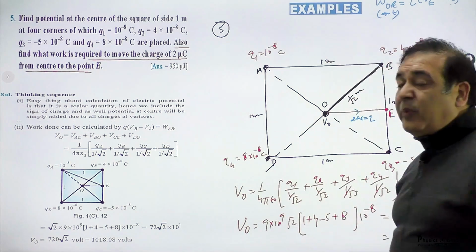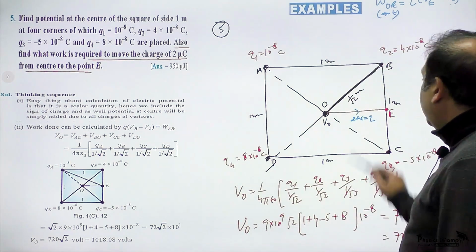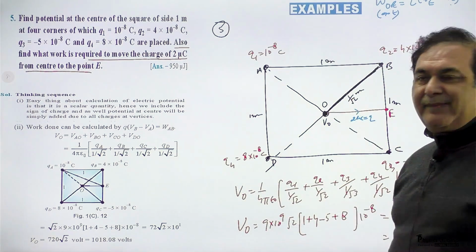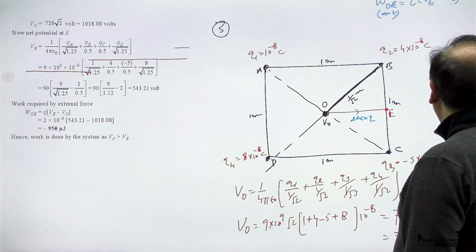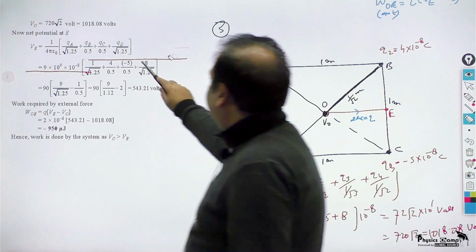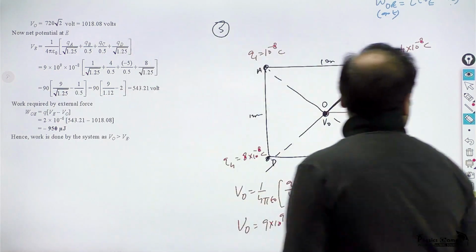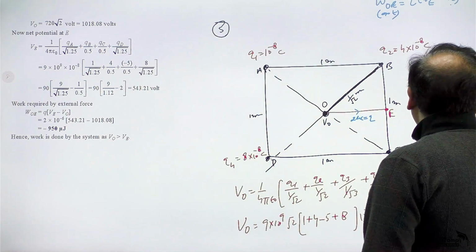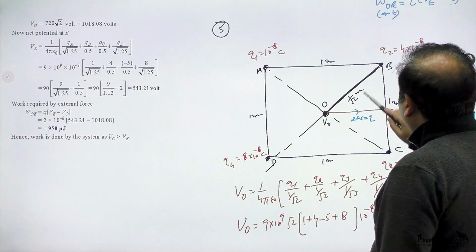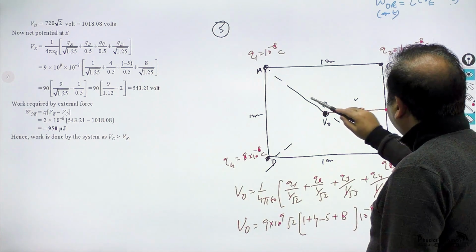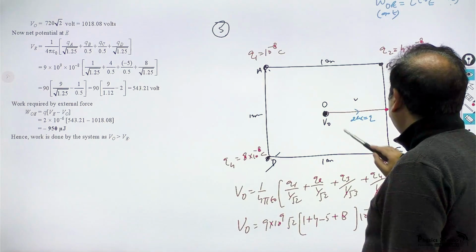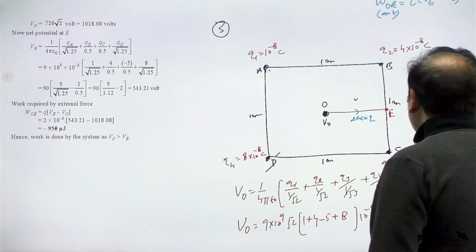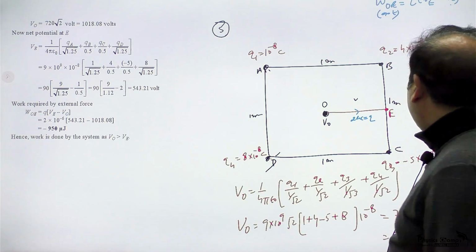So I need the potential of E also before I could calculate. So let's find the potential at E. If we have obtained the potential at O, I am removing these diagonals so that you can easily calculate the potential at E.